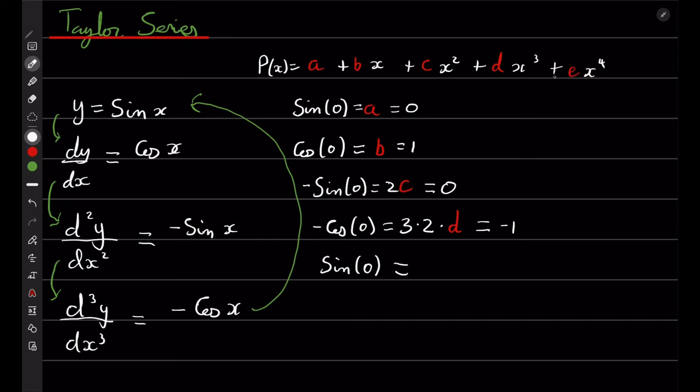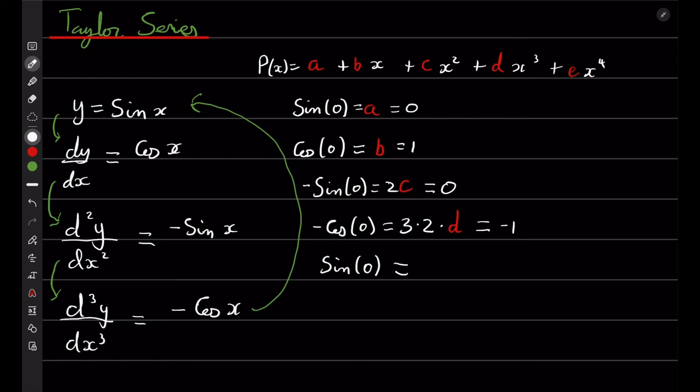So 4 times e x to the power 3, then 3 times 4 e x squared, and then 3 times 4 times 2 e x, then 3 times 4 times 2 times 1 e.